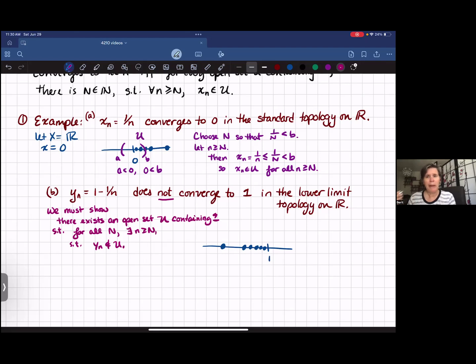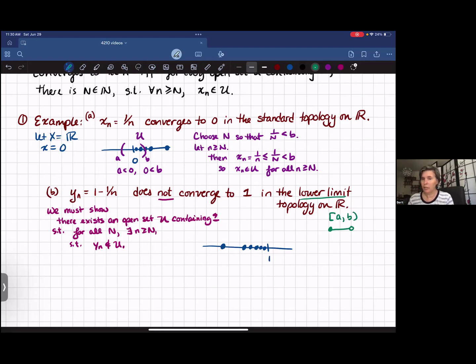What I have to remind myself is, what do the open sets look like in the lower limit topology? The lower limit topology is formed by intervals of the form [a, b), where a is included and b is excluded. It includes the lower limit. So the open sets look like this. Can you find an open set that includes 1, but doesn't include the terms of the sequence?